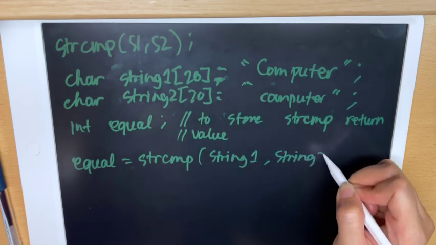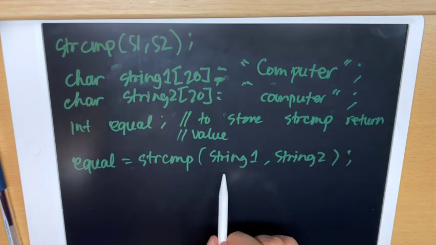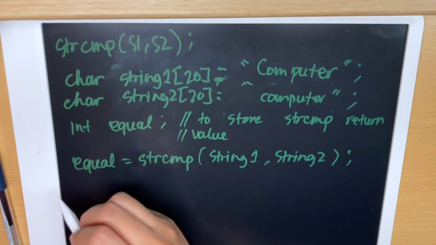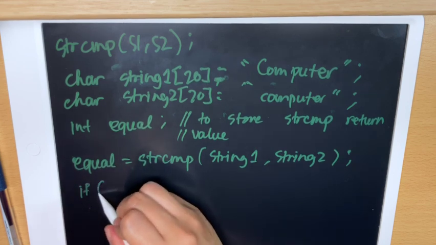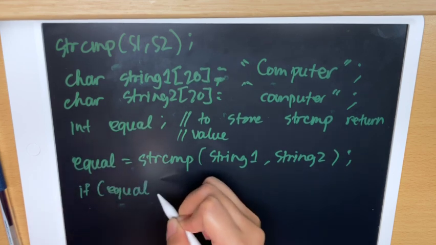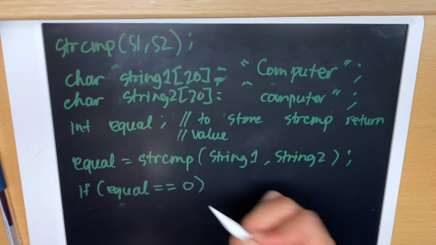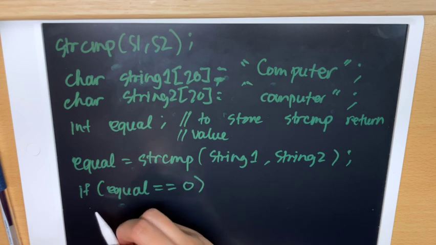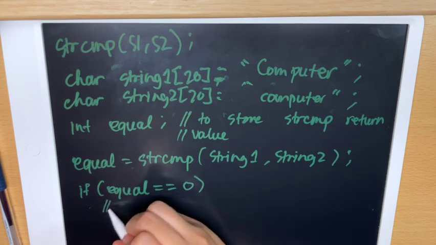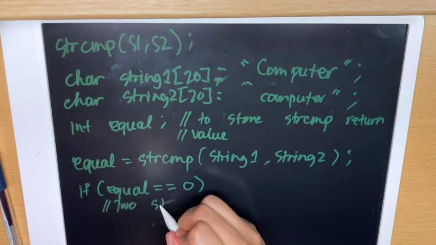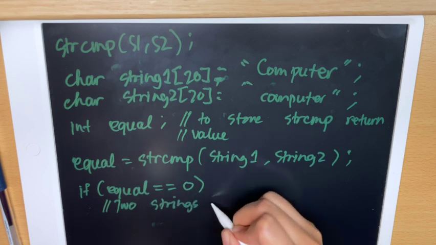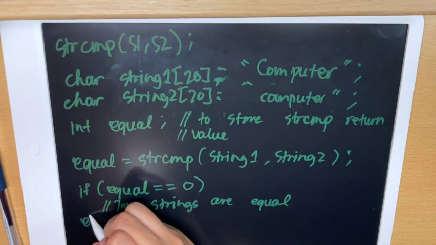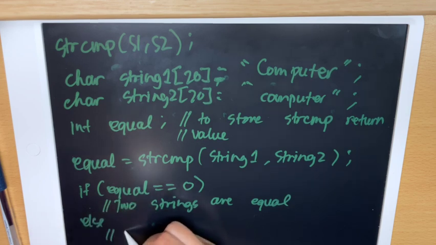It can also be vice versa if you want to compare string 2 with string 1 first. And then if equal equals 0, then the two strings are equal. Otherwise, else, of course, not equal.